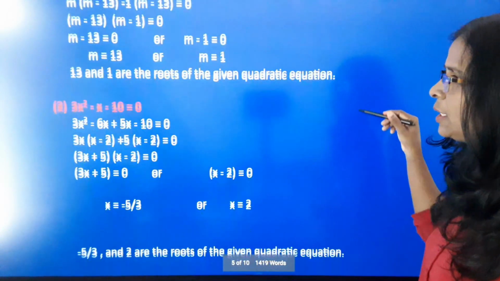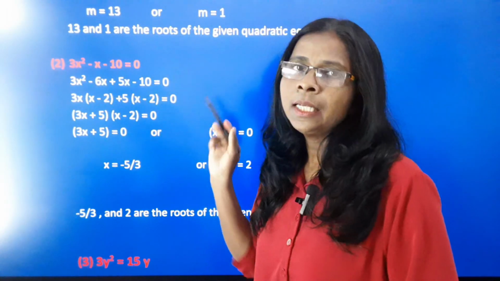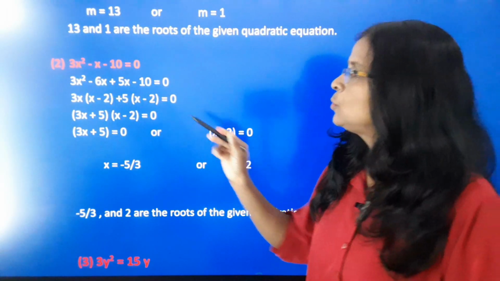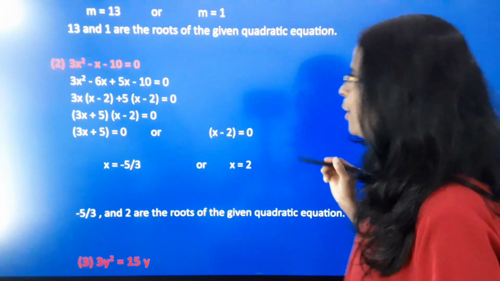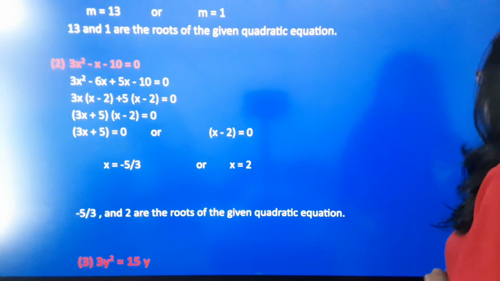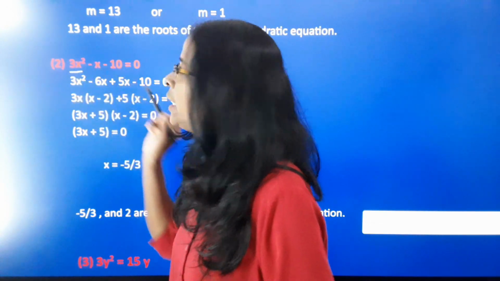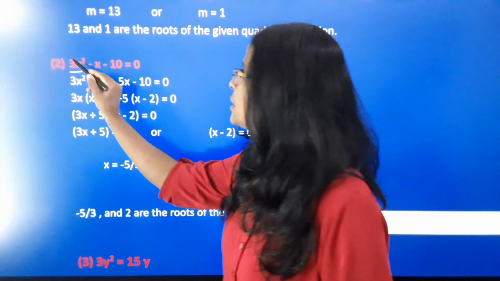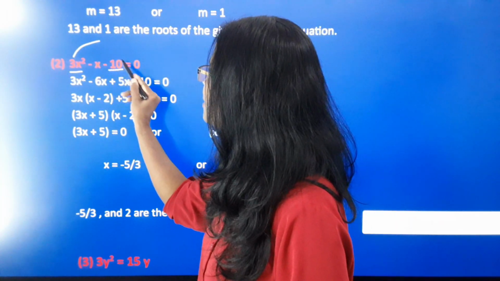The second example is 3x square minus x minus 10 is equal to 0. See carefully, students. The first term is 3x square, the coefficient is 3. The constant is minus 10.